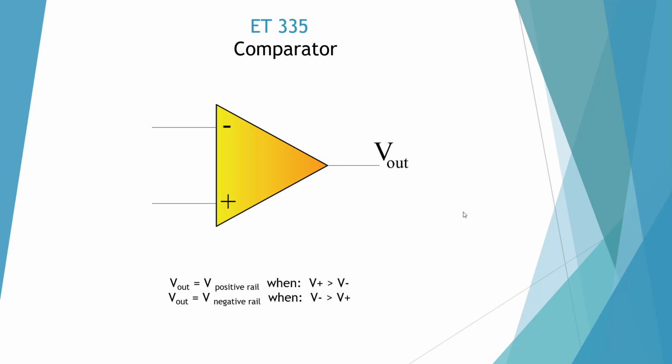They do have rail-to-rail, which is going to go all the way to the power supply, but most of them are limited to where the power is. So if I put a higher voltage in inverting, I'm going to go to the minus rail. If I put a larger voltage in non-inverting, it's going to go to the positive rail. So whichever one is larger, it's going to send it to that rail.